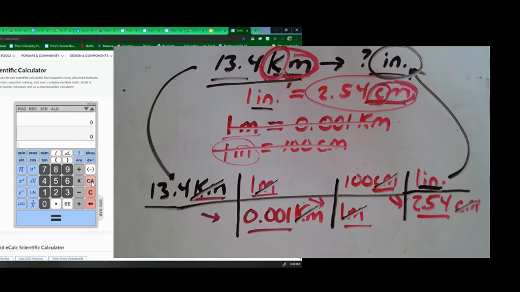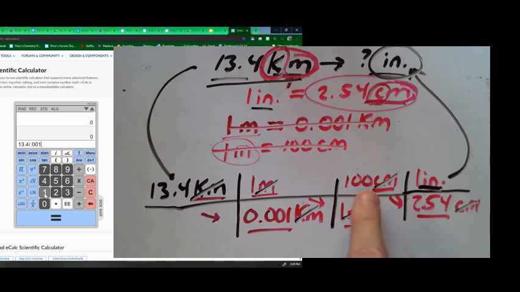So you just simply go, in this case, 13.4. Now the first number is on the bottom. You ignore the ones. So we're going to go divided by 0.001.